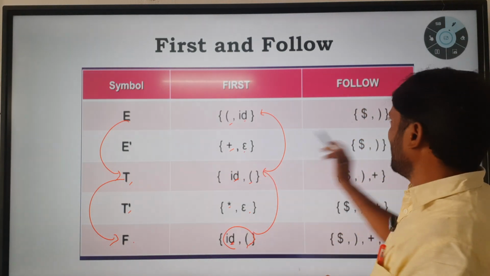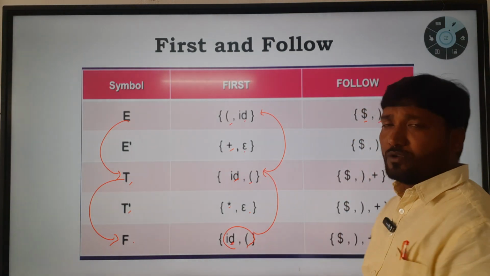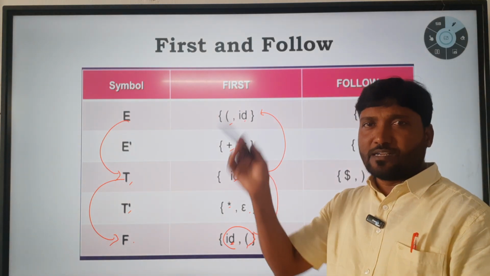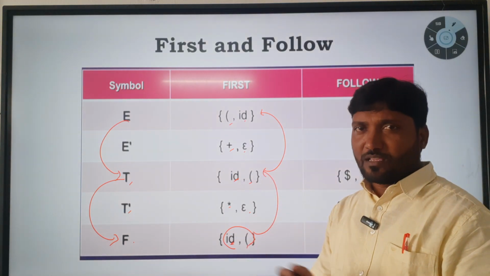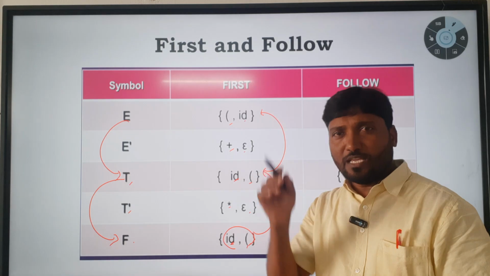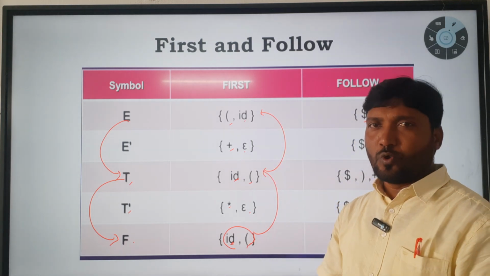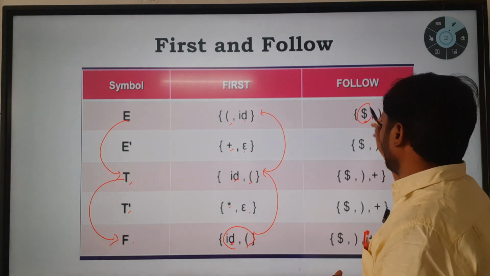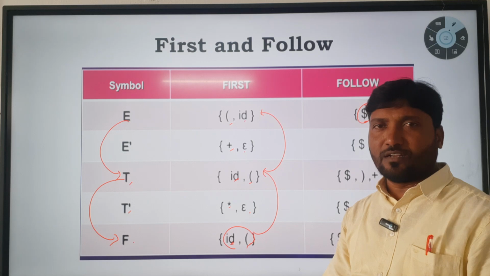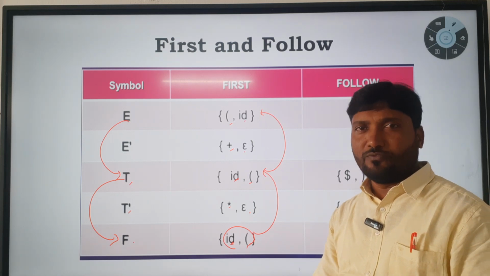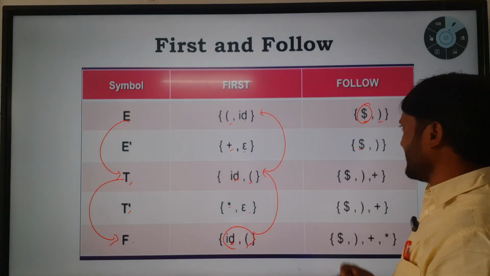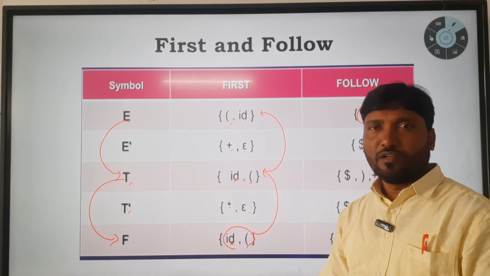Now, follow of E equals dollar and close bracket, because on the right hand side there is a capital E in the F production. E immediately precedes the close bracket, and dollar is there because for every starting symbol we must have the dollar as per the first rule of the follow function. And next, dollar comma close bracket for E dash.